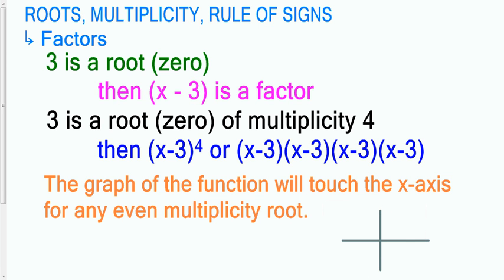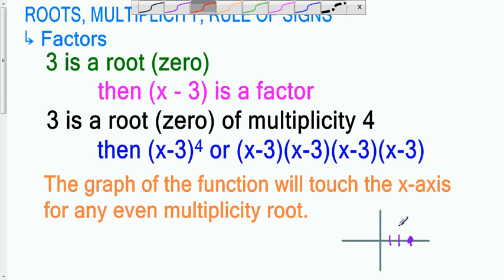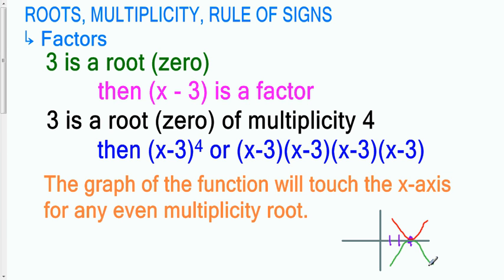So that means when you graph this at a positive 3, the graph will just touch, and so it will either be coming like this and going back up, or possibly be coming from this end and going back down. One or the other, depending on what other things there are in the polynomial function. Anytime there's an even multiplicity of a root, the graph touches the x-axis.